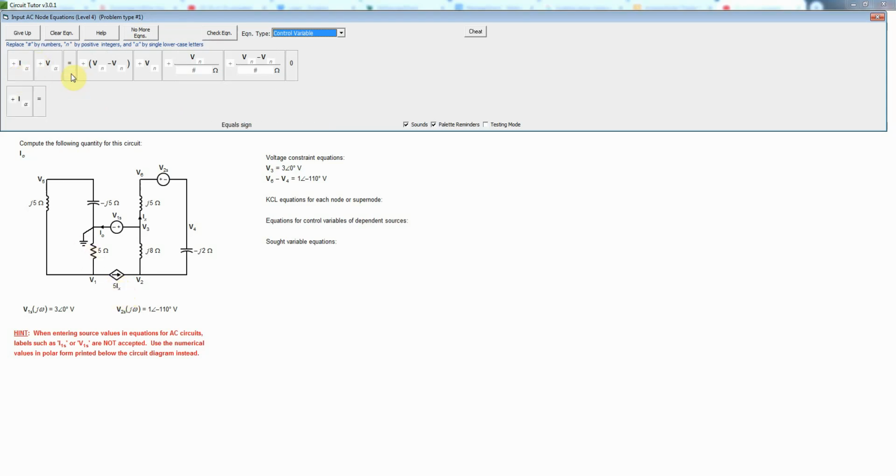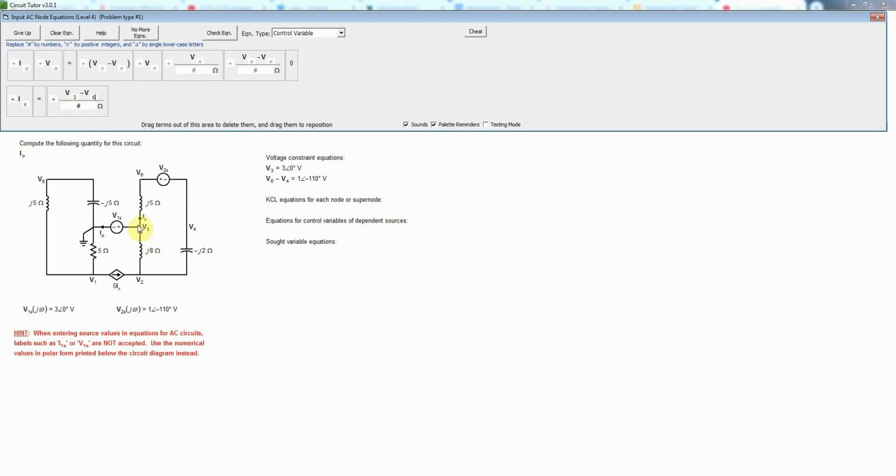So Ix will be equal to, and now it's the current through an inductor, so that will simply be a difference of node voltages, since it's not connected to ground on either end, divided by the impedance of the inductor. So now the alpha means I'm going to put in an alphabetic, or letter, character, so that will be Ix. And I see that that's going to be V3 minus V6 based on the polarity of Ix, because it's flowing from node 3 to node 6.